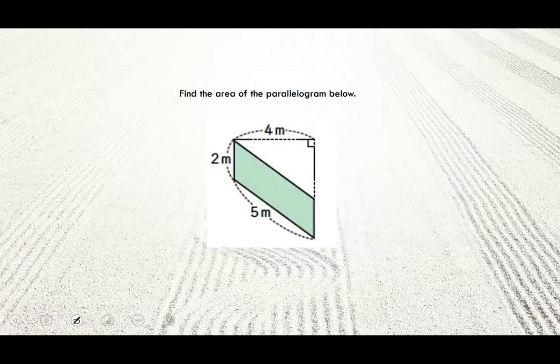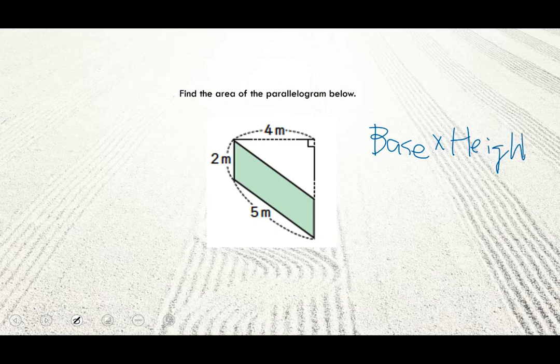Now, you should be able to find the area of this shape. You need to identify which is the base and which is the height. Where is the base? Where is the height? It shouldn't be the base in this case.